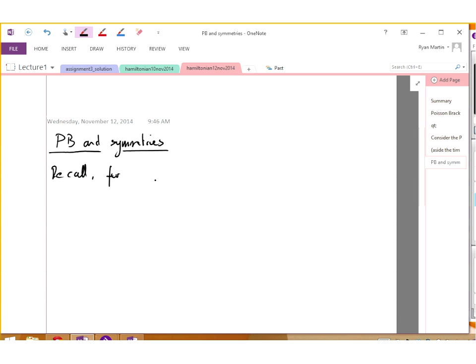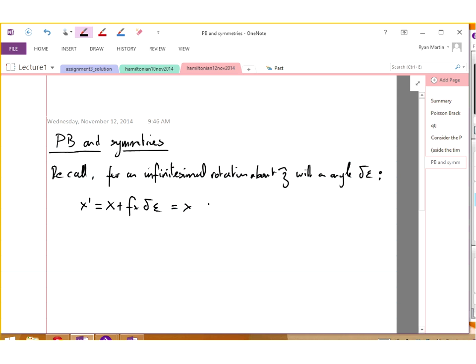So recall, for an infinitesimal rotation about the z-axis with an angle delta epsilon, we could write the infinitesimal rotation as x prime is equal to x plus fx delta epsilon.